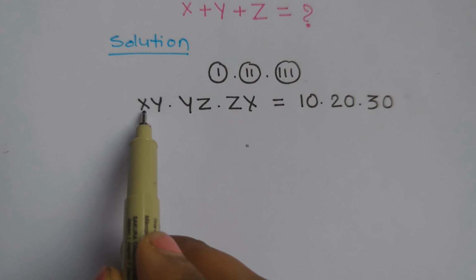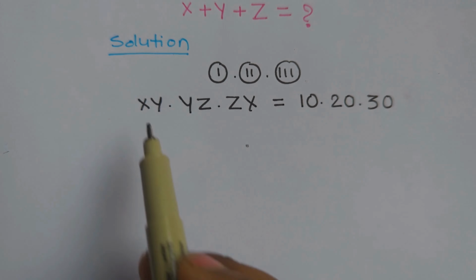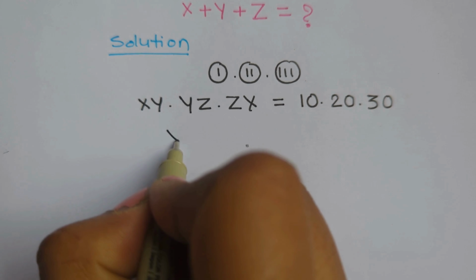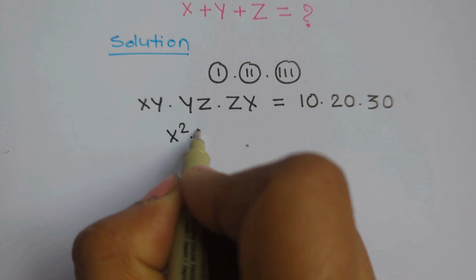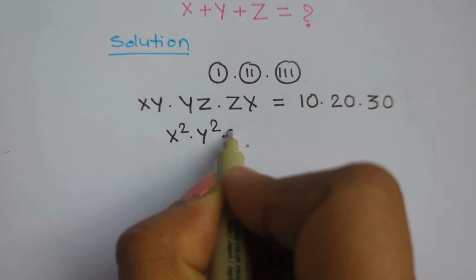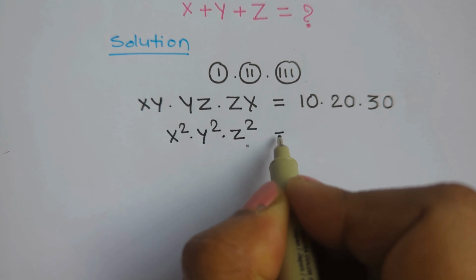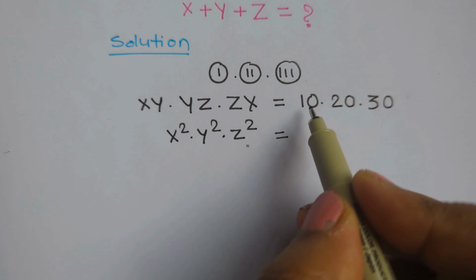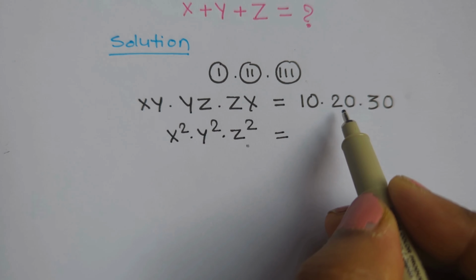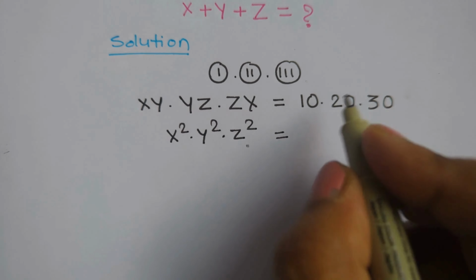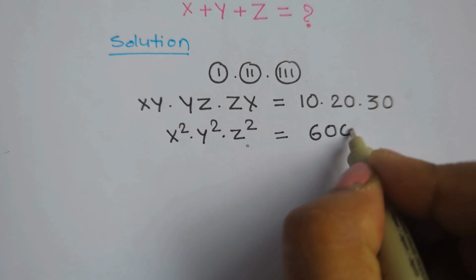Now we can see there are two occurrences of each letter, so it would be x squared into y squared into z squared. And on the right hand side, 10 into 20 is 200, into 30 it would be 6000.